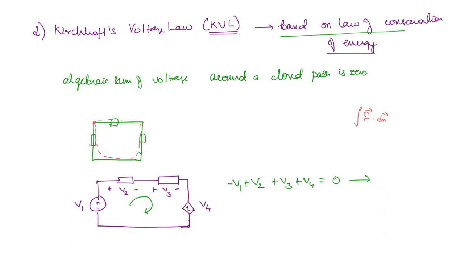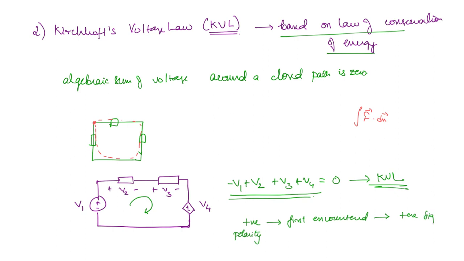This is the KVL. You have to take a specified direction and then start writing the voltage values along with their sign. How do you write the sign? If a positive polarity is encountered first, you take a positive sign.